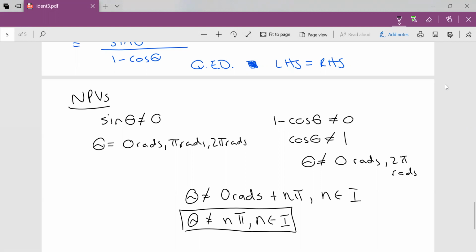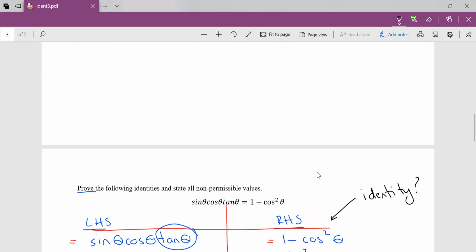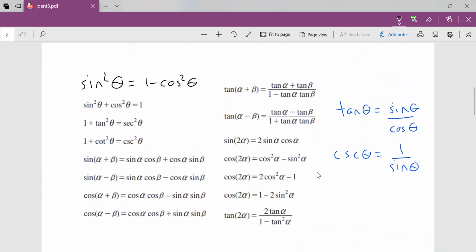Okay, there's proofs. As you're playing through the lesson, you're going to come across questions that use all of these identities. In proofs, we don't use sum and difference identities too much. We typically use these and your double angles.